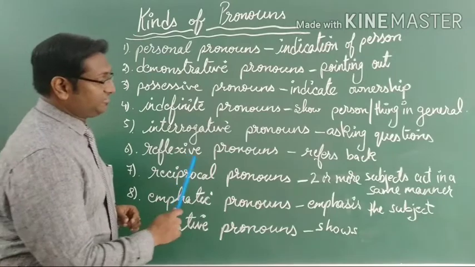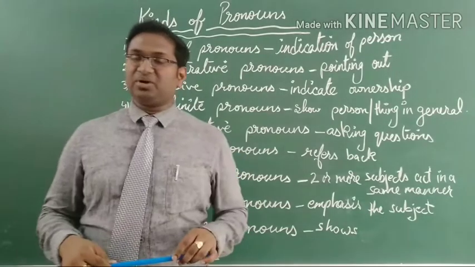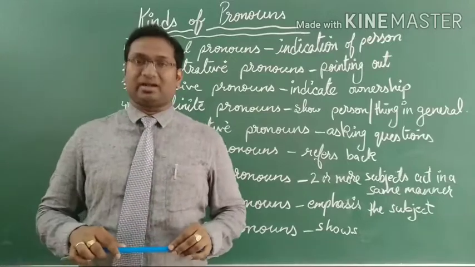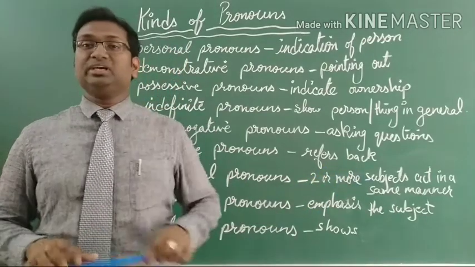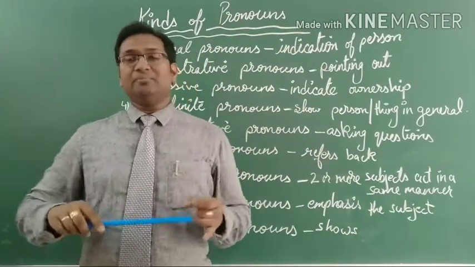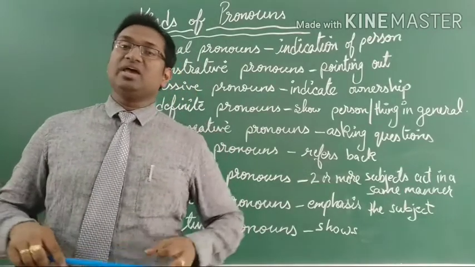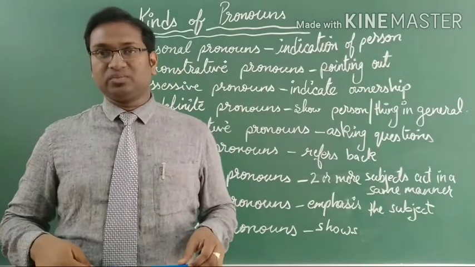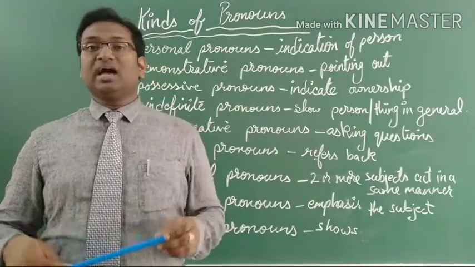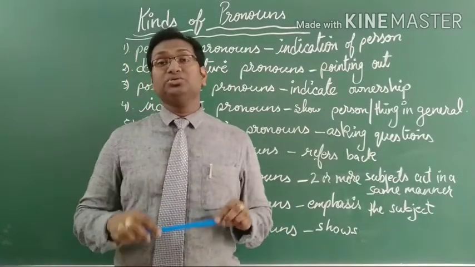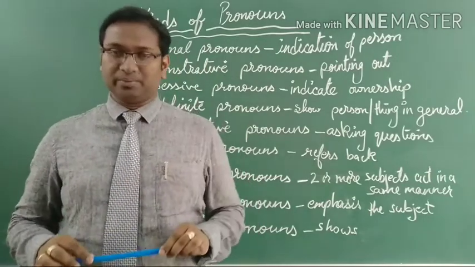Next we have reflexive pronouns. Reflexive pronoun means the action is done by the subject and the result comes back. It refers back. So reflexive pronouns are myself, yourself, himself, herself, themselves. Always remember that in reflexive pronouns, these pronouns are used after the verb.